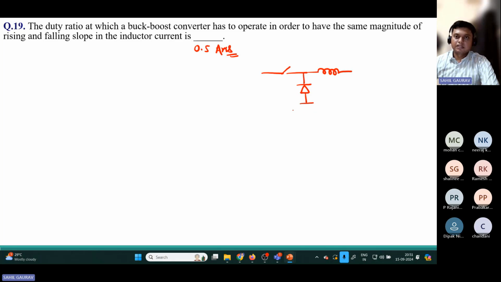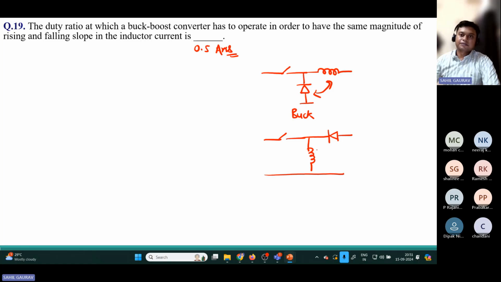In the buck boost converter we have to exchange this part. So the buck boost converter will be like this, with opposite output polarity.